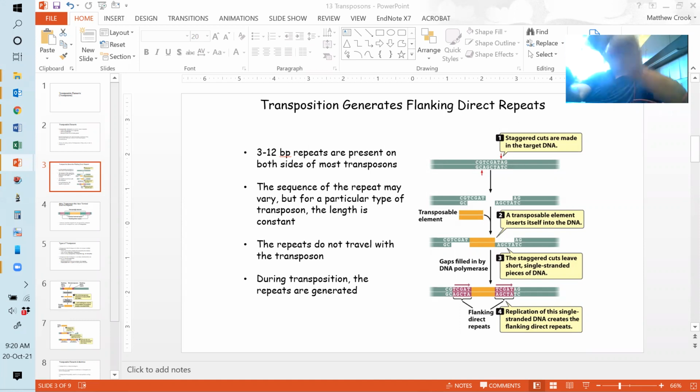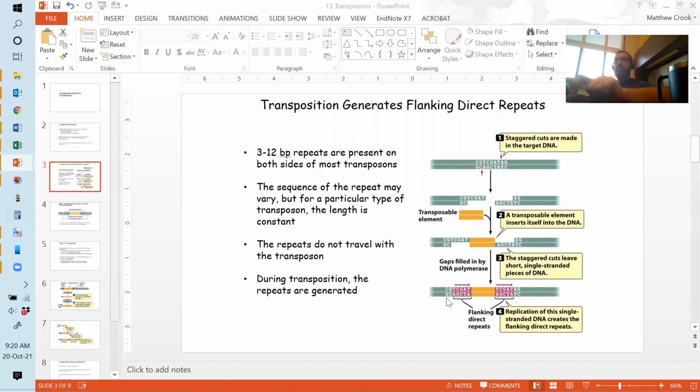And these essentially result in what's called a transposon footprint. So that if you're scanning through a genome bioinformatically, right, looking at the sequence information from a genome, every time you see that little doublet, even if the transposon is no longer there, that tells you that a transposon was once there, right?